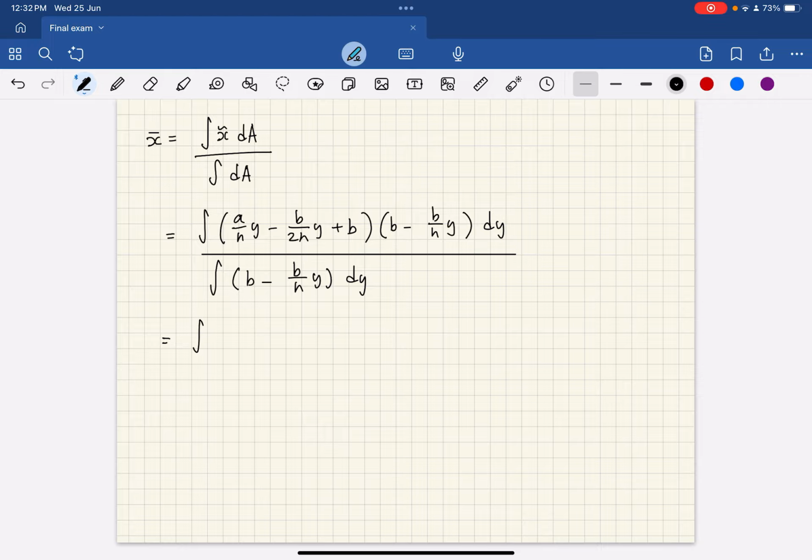Okay, so as we go on, what we can see here is ab over hy minus ab over h squared y, minus b squared over 2hy, plus b squared over 2h squared y squared.